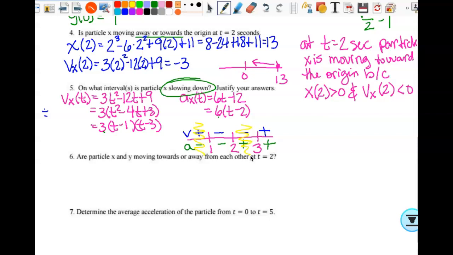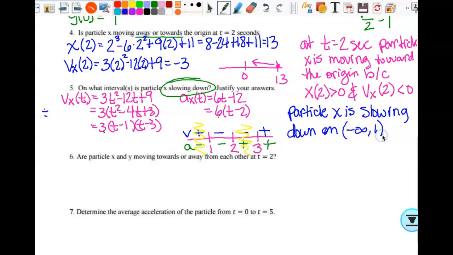So then I can say that particle x is slowing down on, let's see, from negative infinity to 1 and 2 to 3 because v sub x of t and a sub x of t have different signs.